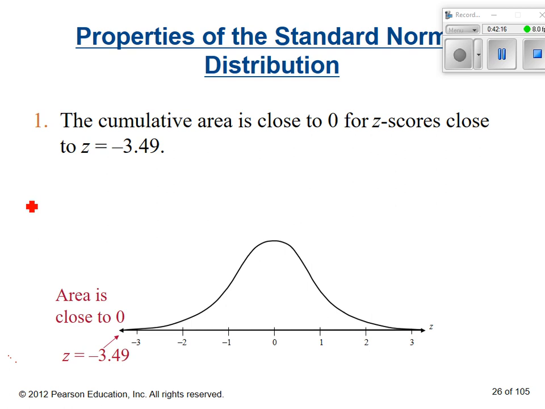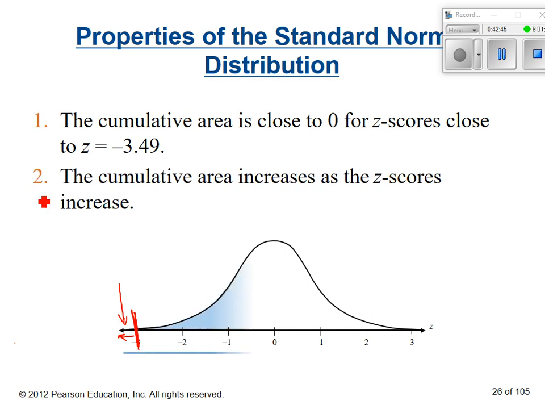Cumulative area is close to 0. All they're saying with this first part is, if we're out here somewhere, guess what the area is to the left? 0. So not many scores should fall out in there. 0% of the scores should fall out there. As we go farther that way, it increases.